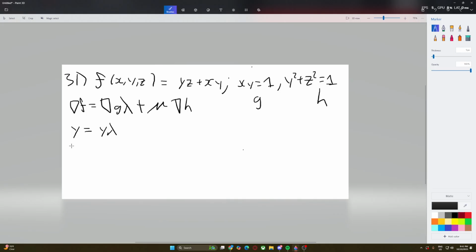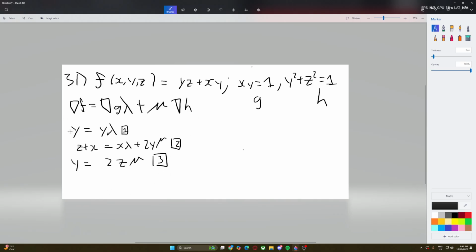And then next one is f_y, and then you get z plus x equals... wait, no. That'd be x mu plus 2y mu. That's lambda, my bad. And then y again, this is 1, 2, and y equals 2z mu for 3. And I'm not gonna write 4 and 5.